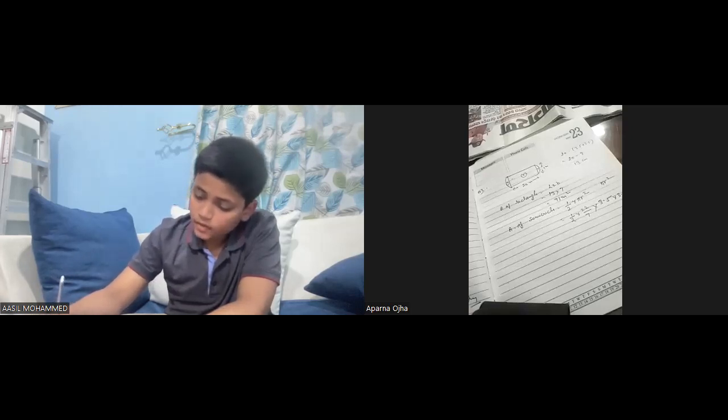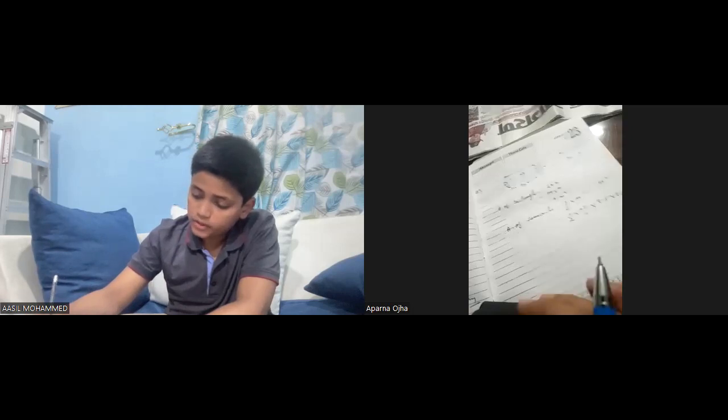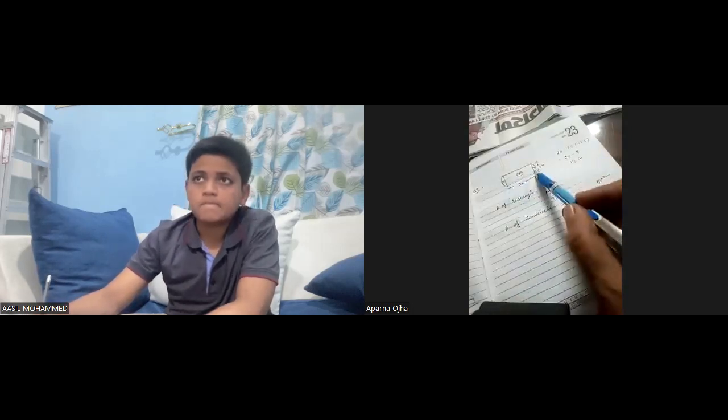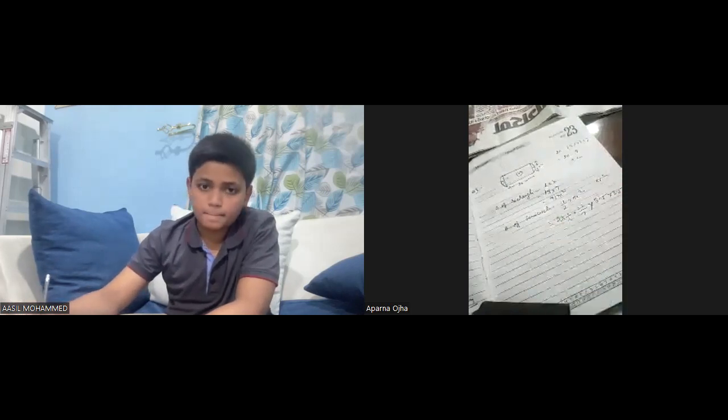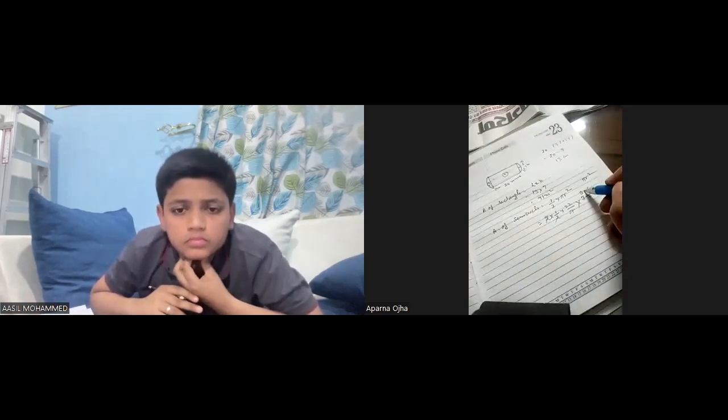One more thing I will tell you. Because the 2 are there, 1 is here and 1 is here, directly you can multiply by 2. 2 and 2 will cancel. Or you can remove the decimal and write 10. 11 into 3.5.